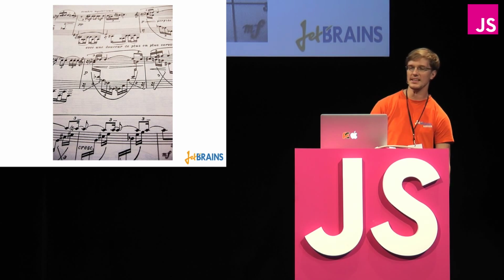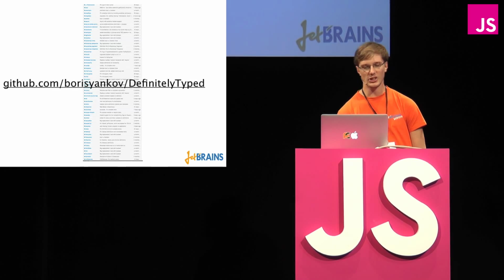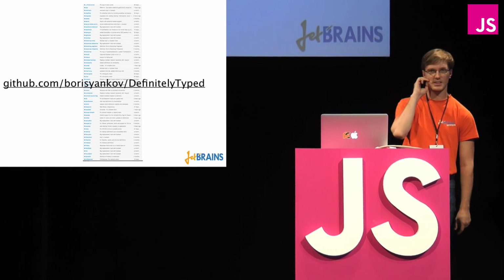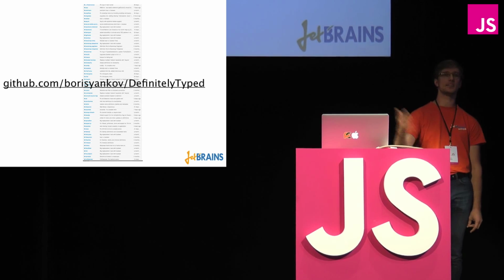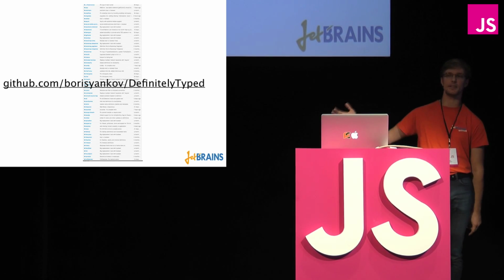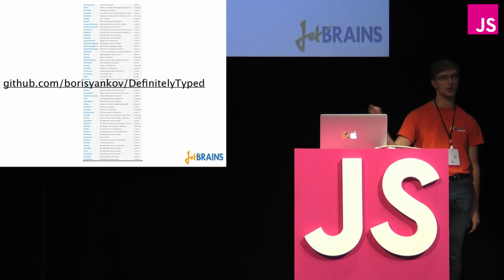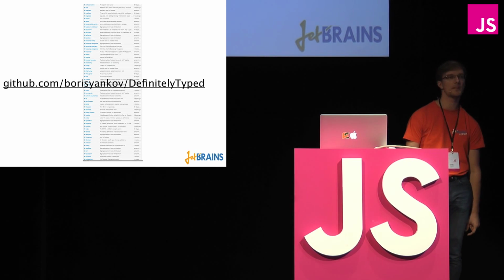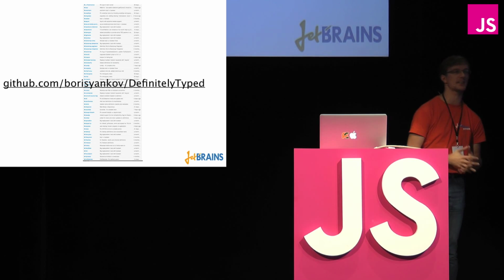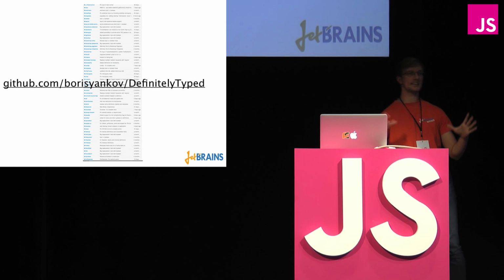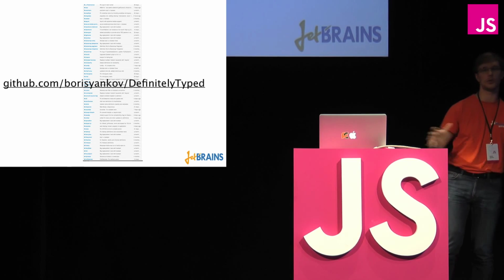But the interesting thing is it is actually possible to infer the static types that were meant by the JavaScript library developers. This is the DefinitelyTyped project on GitHub, where people, after the fact, take JavaScript libraries written by the community and come up with static type declarations for all of the functions in those libraries.